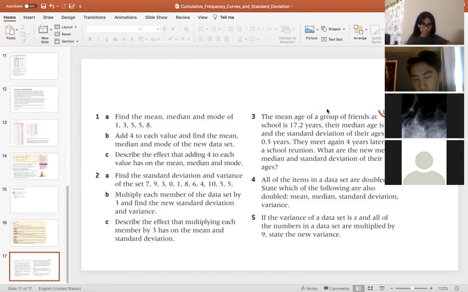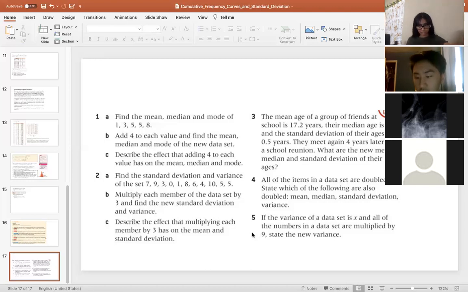Great. Okay, so find the standard deviation and variance of the set. For standard deviation, you just round to 3 sig figs? Yeah, 3 sig figs. Also, when your number is a 0 point something, make sure there are 3 numbers after the decimal. That's 3 sig figs in that instance.